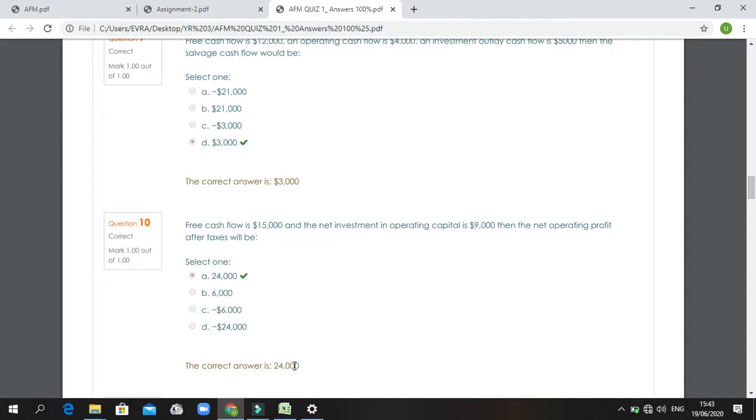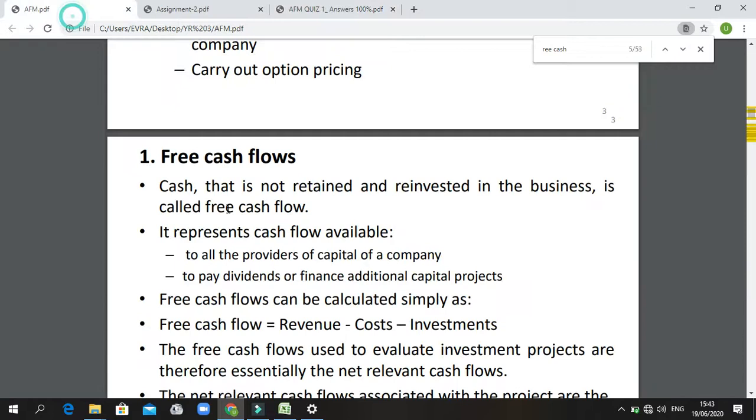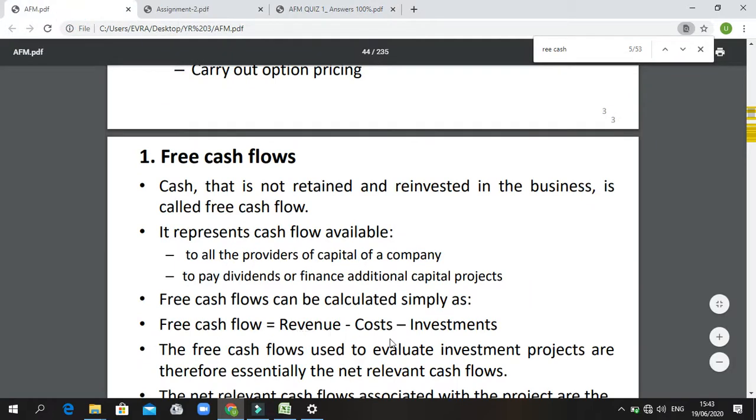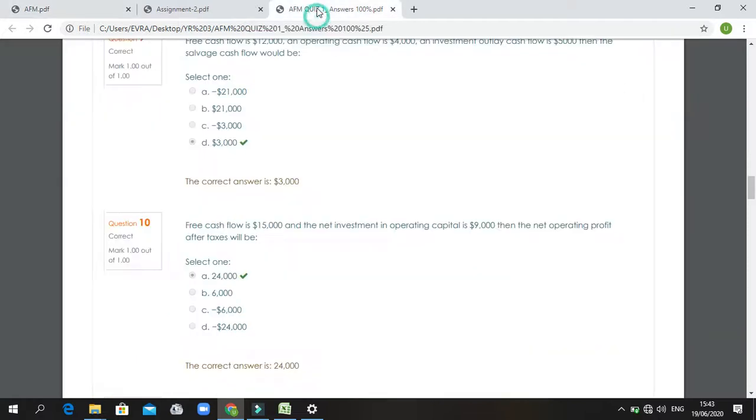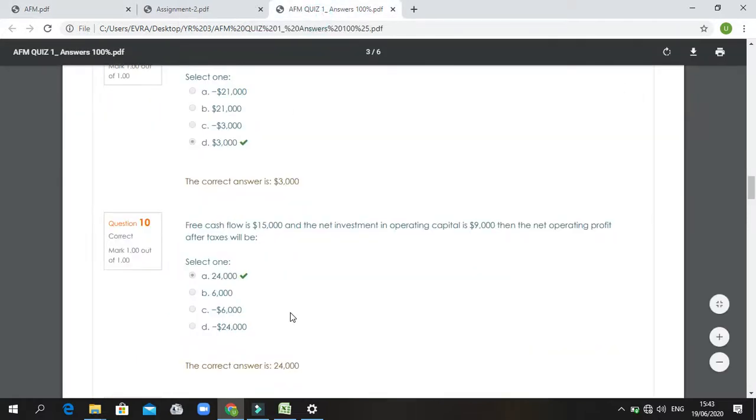Here you have to use the formula of free cash flow, which is revenue minus the cost minus investment. This is the formula used to calculate all questions related to free cash flow, the cost, the revenue, and the initial outlay.